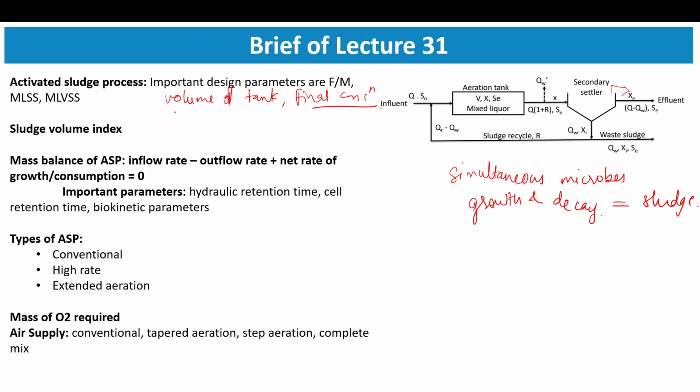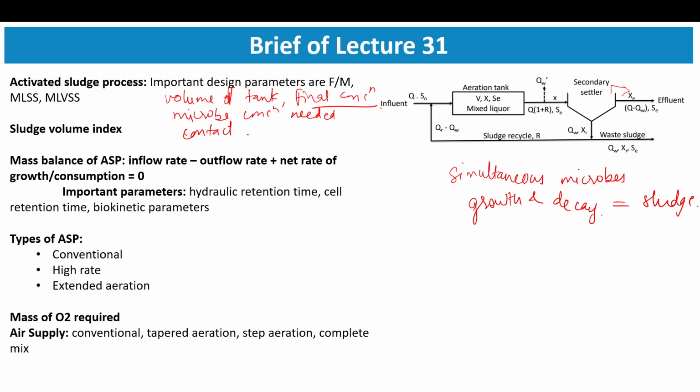Depending on that, you will check what microbe concentration you will supply, or the amount of microbes needed. Then you will decide the contact time, because you will not provide much contact time. It should be economical also.